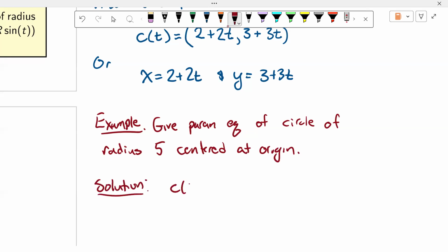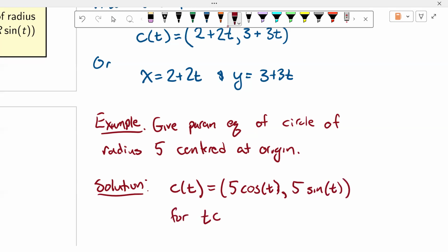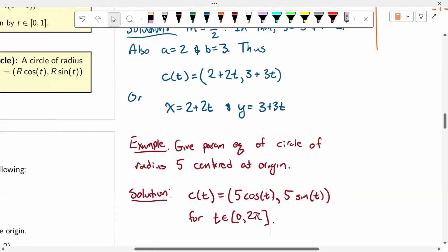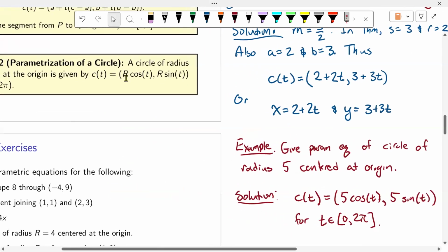The equation is c of t is, my radius is 5, so 5 cosine t, 5 sine t, and t goes from 0 to 2 pi. That's it. That's it. I'm literally copying this equation exactly.